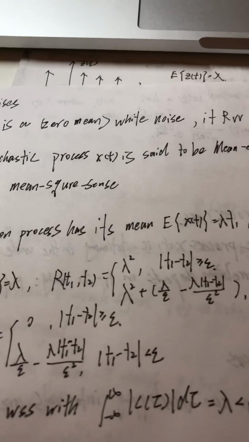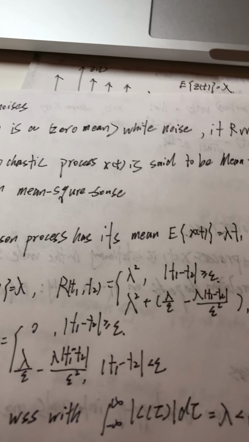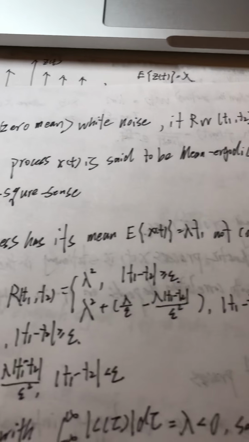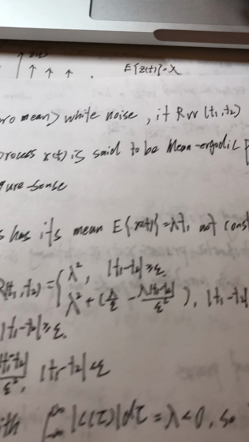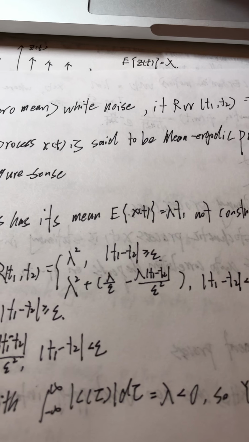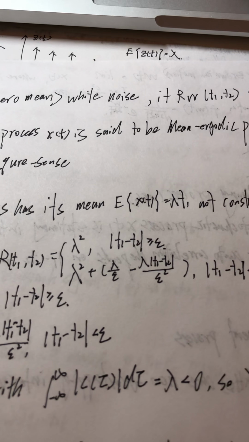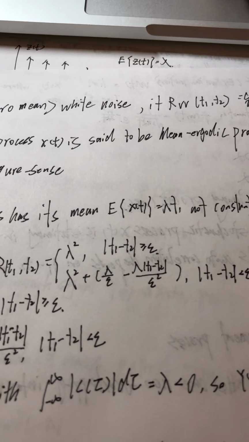White noise actually is a process such that its values at different times x(ti) and x(tj) are nearly independent, and actually they are uncorrelated.